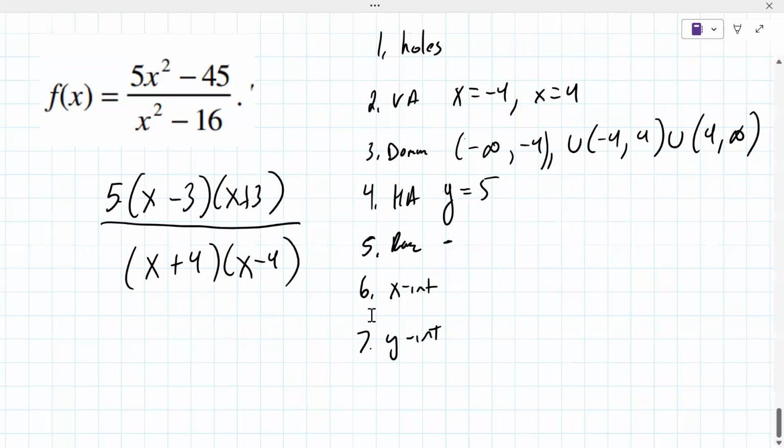Can you give me the x-intercepts and the y-intercept? The x-intercepts would be 3,0 and -3,0? How about the y-intercept? That would be 0,5. Nope. Oh wait, actually, never mind.